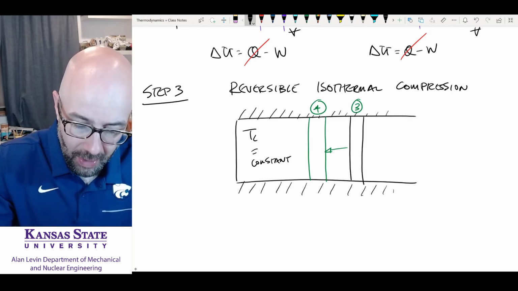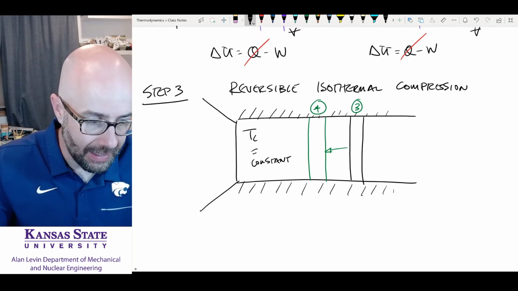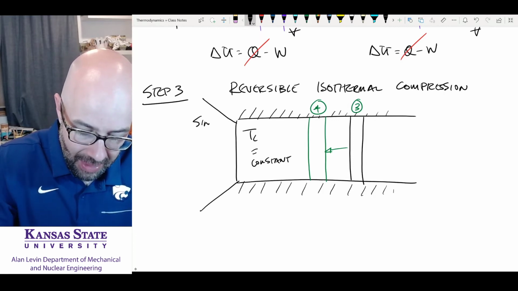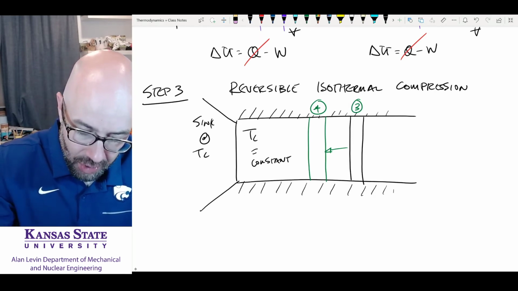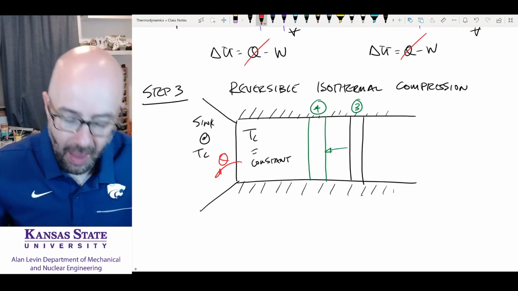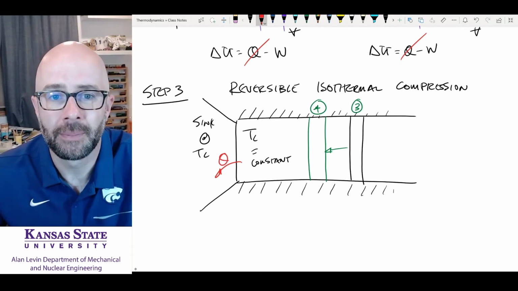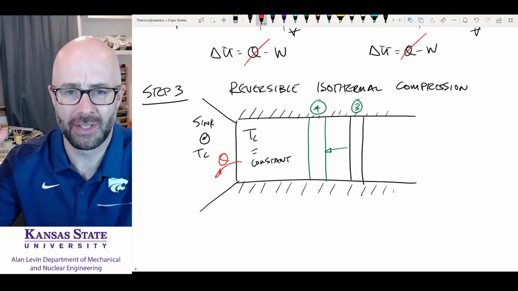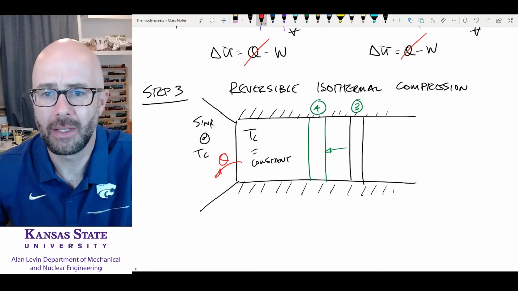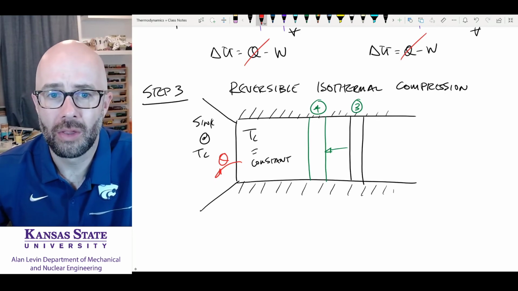So we are going to connect this to a reservoir that is a sink at Tc. And so what's going to happen is you're going to have heat transfer leaving this, dumping into that sink to keep the temperature constant. So now what's happening is that external force, the surroundings, are working on that system, causing this to happen, and we are going through that process.